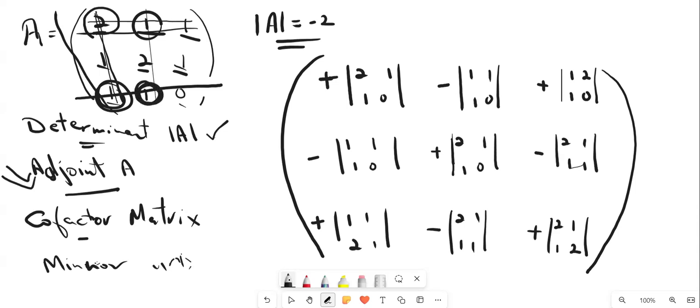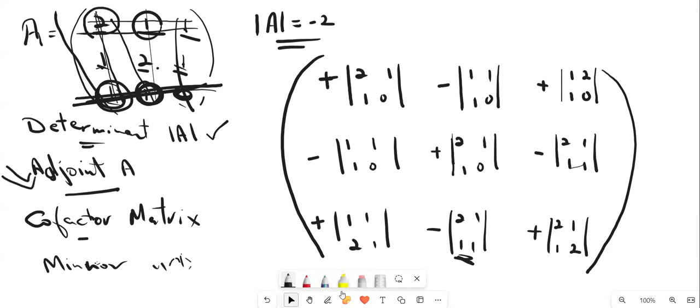Cross off the row and the column, and you get 2, 1, 1, 1. And for this third one, you cross out where 0 is, the column and the row, and you get 2, 1, 1, 2. And that's the zero. So you have to find all these little determinants.